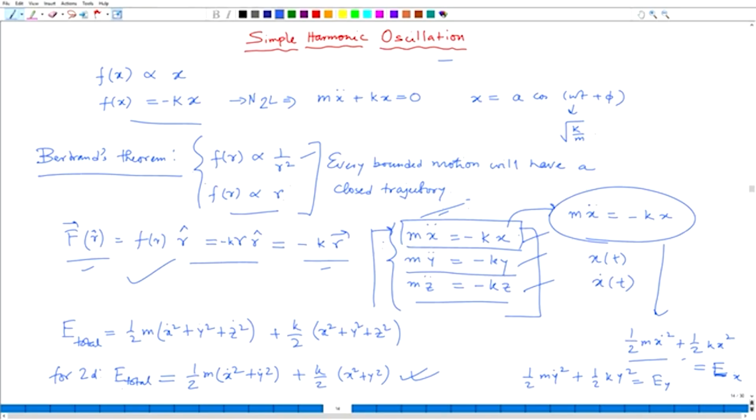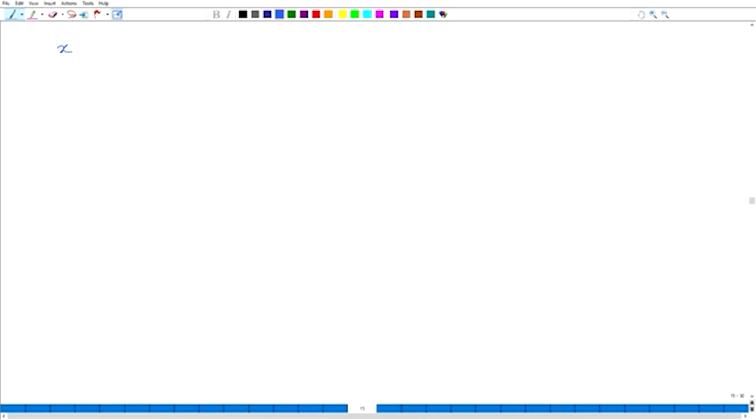Now, if we know this is conserved, then for 1D motion I can also solve this and find the trigonometric solution. The equation is x double dot plus omega square x equal to 0, where omega is equal to root over k by m.